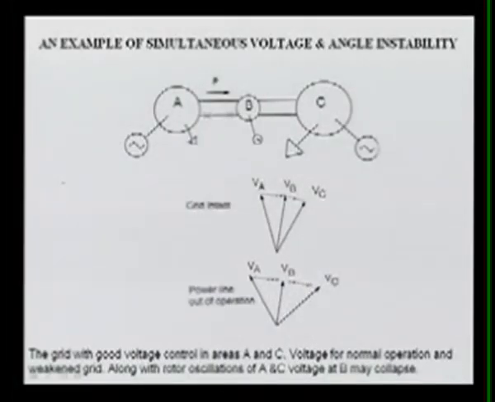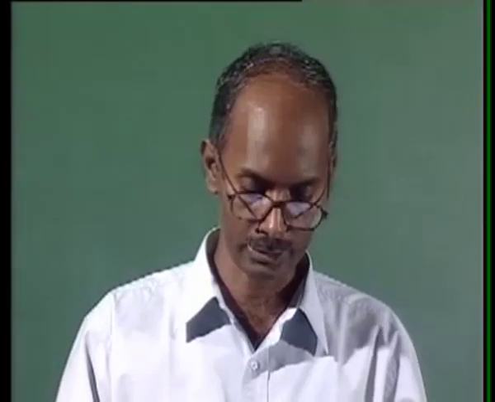To see an example of simultaneous voltage and angle stability, here you can see this is area A. This grid has good voltage control. Area A and area C have a lot of reactive power and are very strong in terms of voltage control.